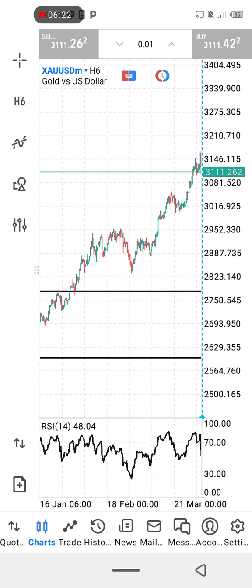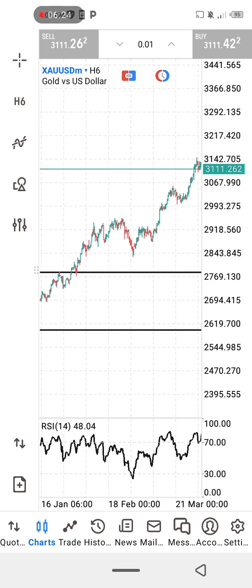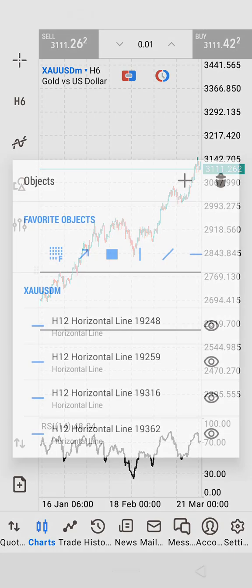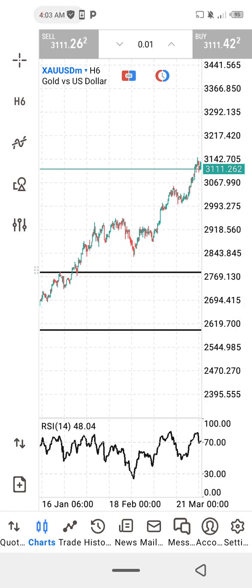So how to trade it? On your 6 hour time frame, you just have to take this. Here is an extreme demand zone.